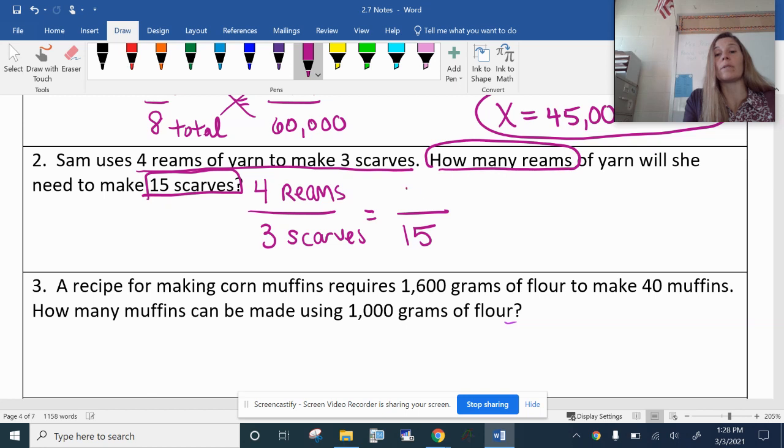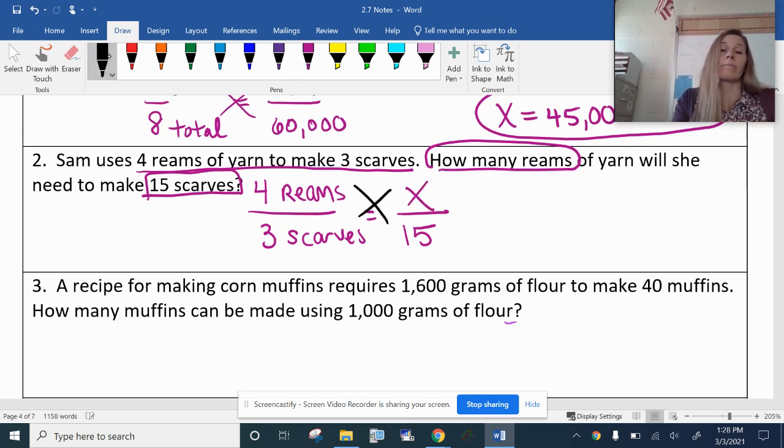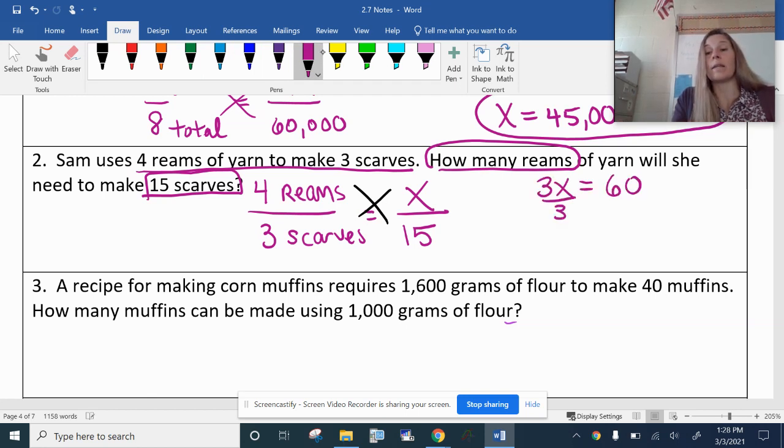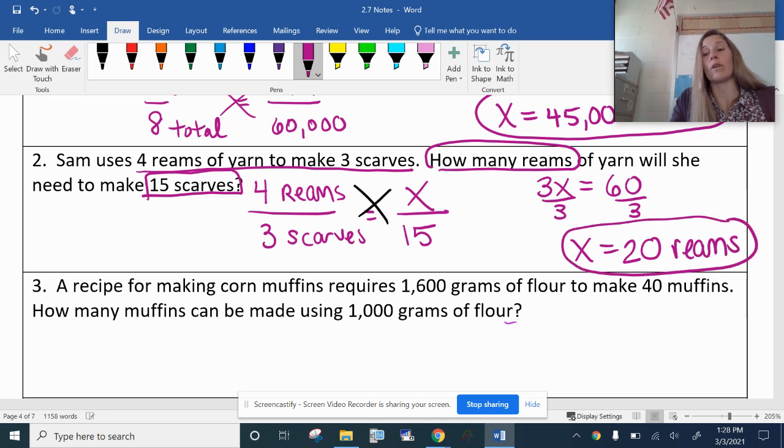How many reams? That x is going to go on the top. Then we cross multiply. So here I would have 3x equals 4 times 15, which is 60. Divide by 3, x equals 20, and my variable that I'm looking for here is representing reams of yarn.